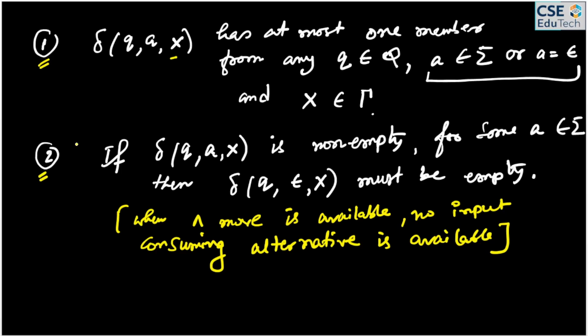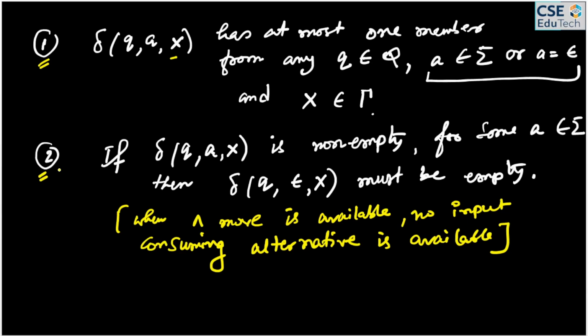Now we can explain. Rule 1 is simple. It has at most one member, and this a is either epsilon or any input alphabet symbol, and X can be any symbol on the PDS or pushdown store.